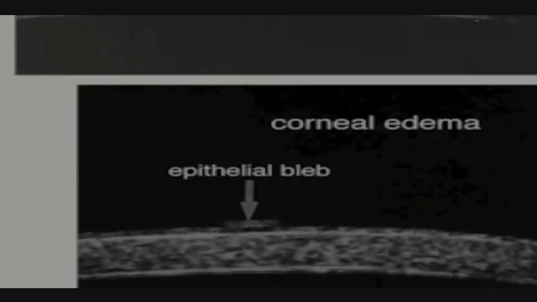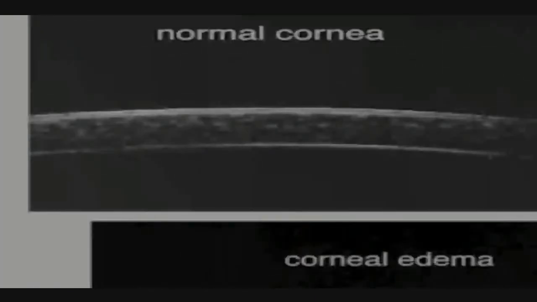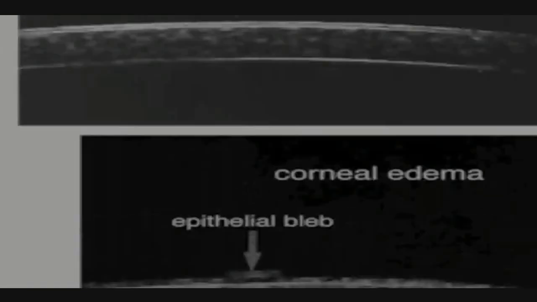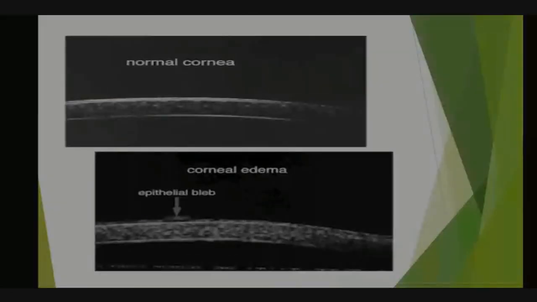We cannot see the layers' depth, which layer of the cornea is affected. But if we change the probe frequency to 50 hertz, there will be a little bit of difference in corneal structures. We have not used it in the clinic, so we don't know how much difference we see. But everyone says that if you increase the probe frequency, the cornea might be visible. But we have not tried, so I don't know how much difference there will be. So in cornea cases, only hyperreflectivity and hyporeflectivity will be seen.